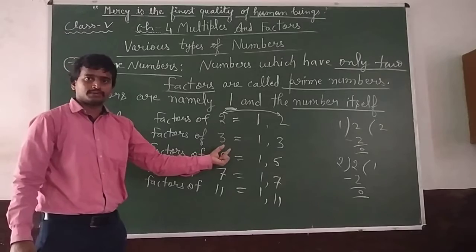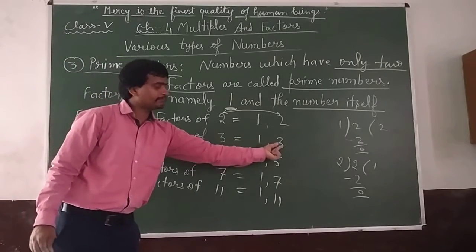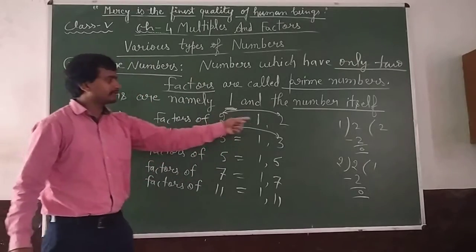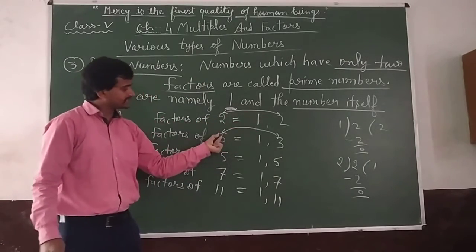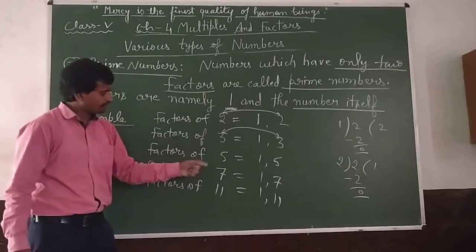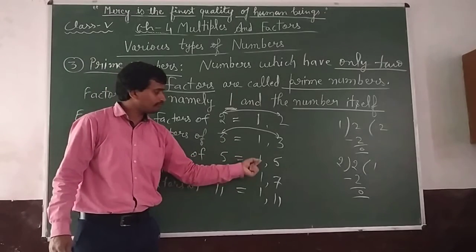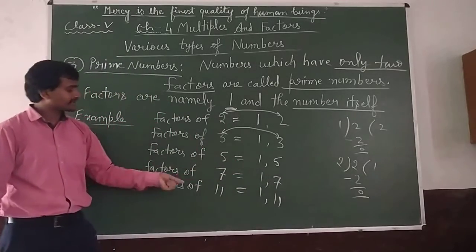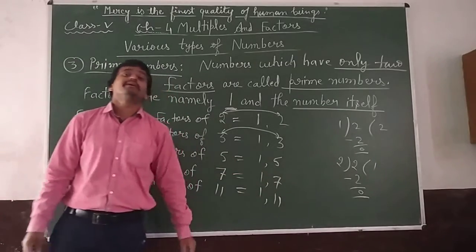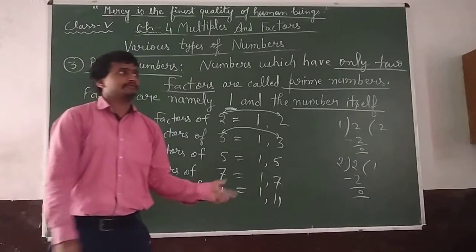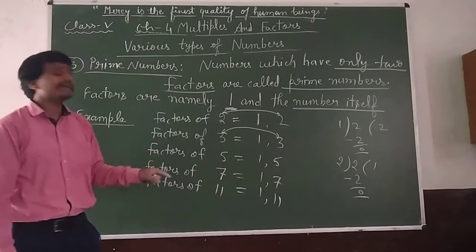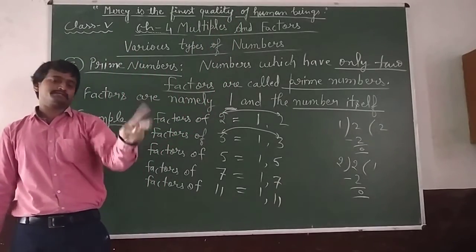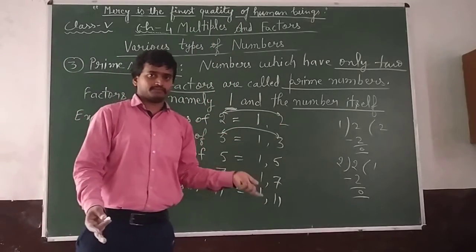Similarly, factors of 3 are 1 and the number 3 itself. 3 is divisible by 1 and itself. Factors of 5 are 1 and 5. Factors of 7 are 1 and 7. Factors of 11 are 1 and 11. There are so many numbers that are divisible only by 2 numbers, that have only 2 factors, 1 and the number itself.